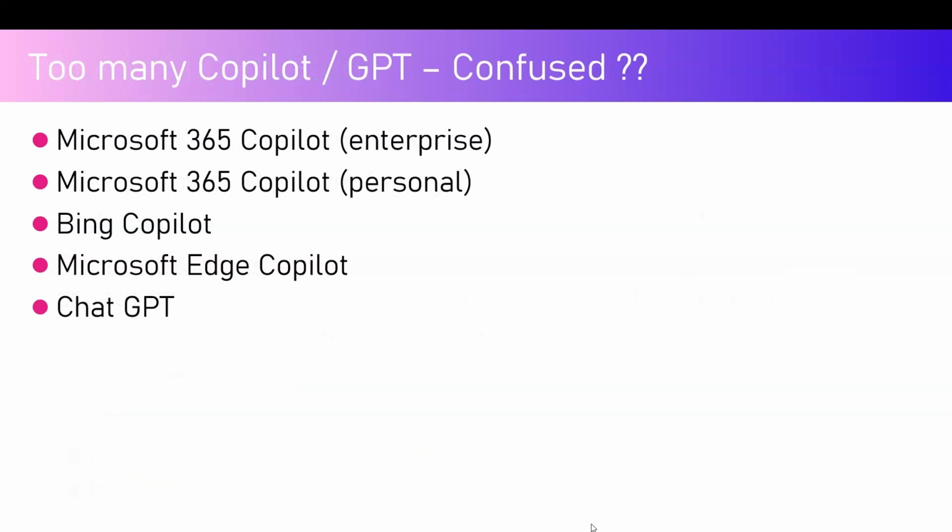Now there are too many copilots or GPTs. Sometimes we get confused with so many terms like Microsoft 365 Copilot. There is a Microsoft 365 Copilot Enterprise, Personal. Then there is Bing Copilot. Then there is Microsoft Edge Copilot, ChatGPT. Just to remove all this confusion, I've taken a screenshot of the instances of this particular application.